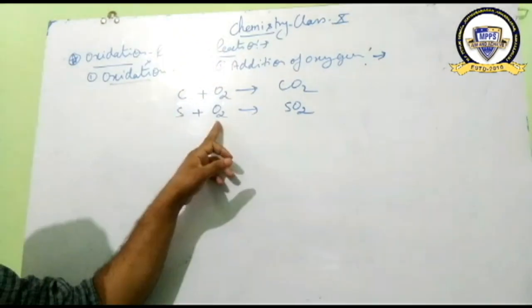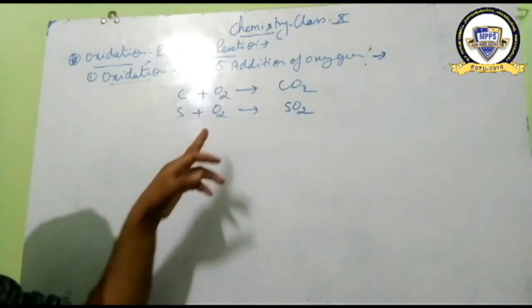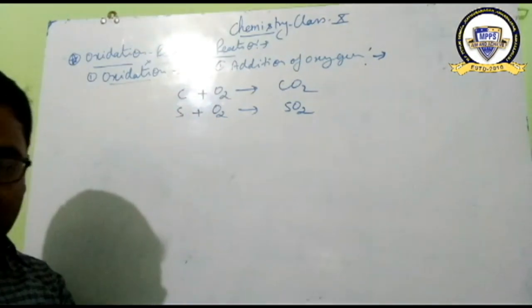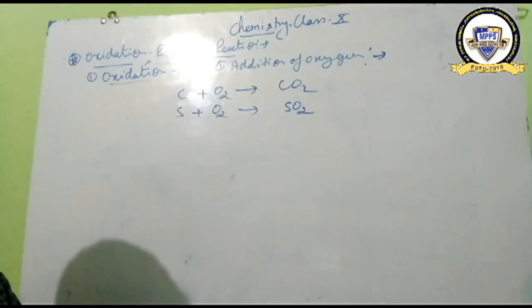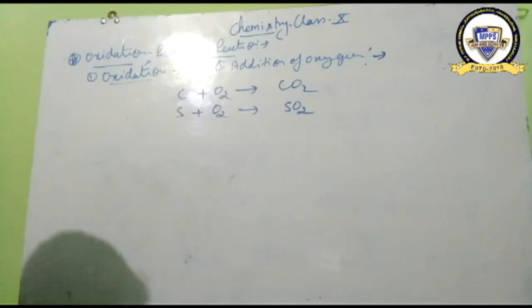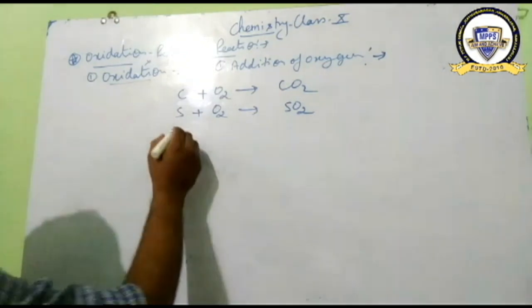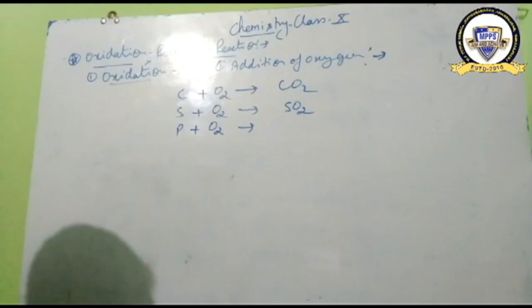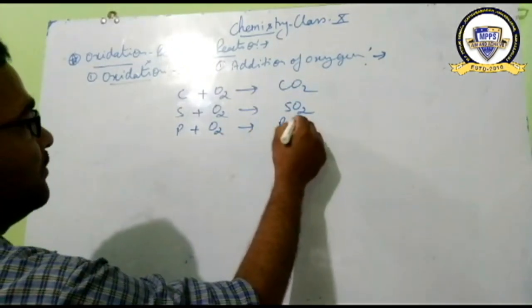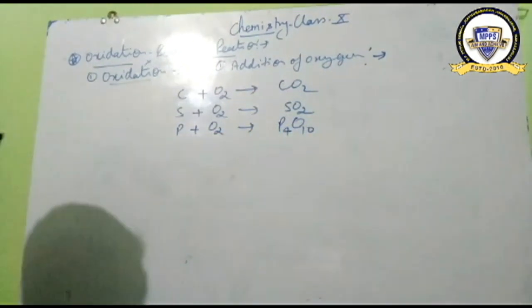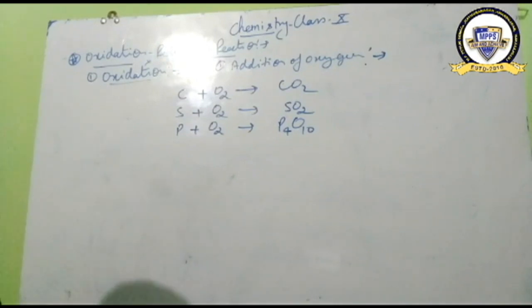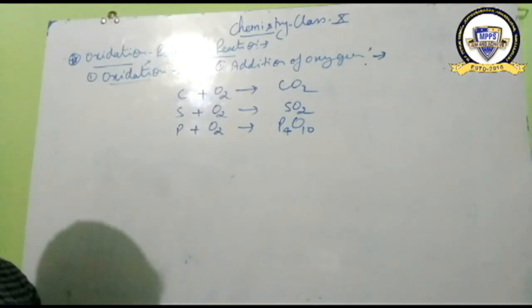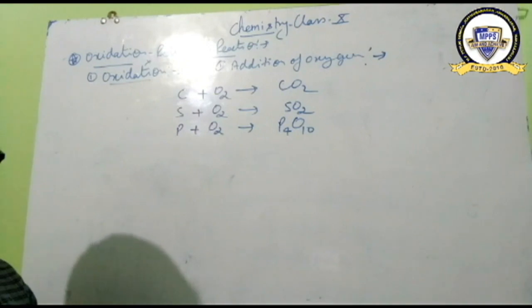This means oxidation of sulfur takes place. Then burning of phosphorus also: when phosphorus comes in contact with oxygen, it forms phosphorus oxide. Here oxidation of phosphorus takes place.